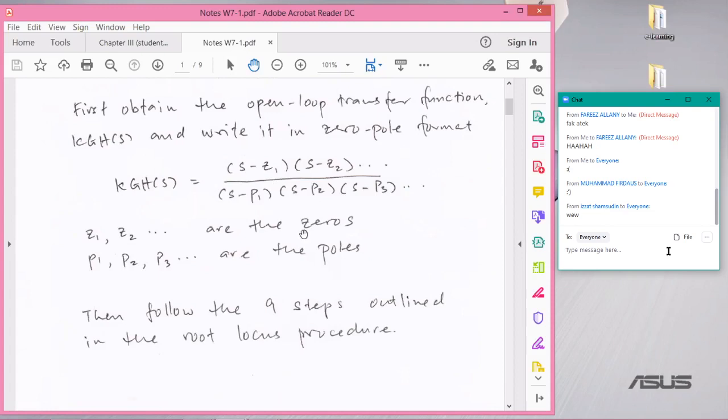Zeros is the name given to the value of s that will make the numerator equal to the numerical value 0. I want to distinguish between numerical 0 and the name given to that value. So Z1, Z2, Z3 are known as zeros. Their numerical values are not necessarily equal to 0, but the name given to them is zeros. So from now on, I will make a distinction.